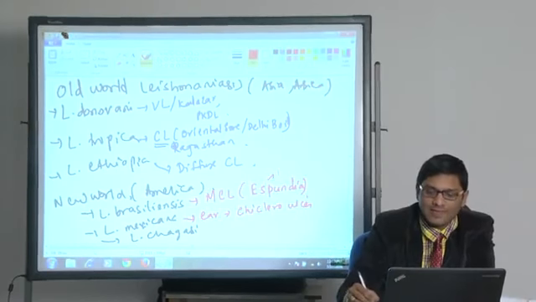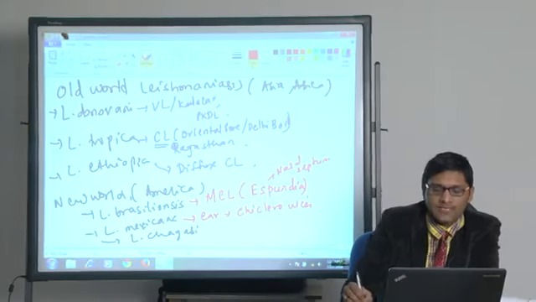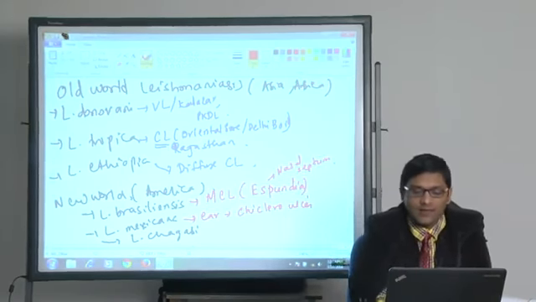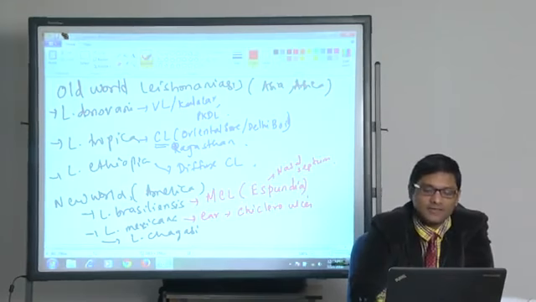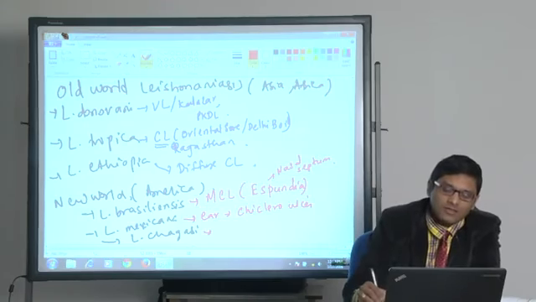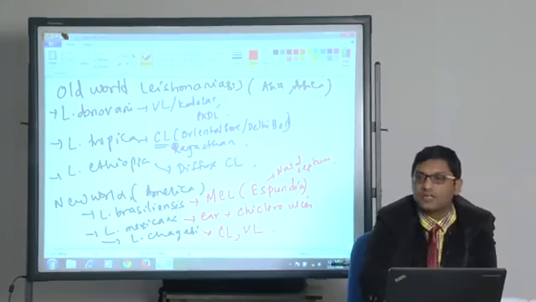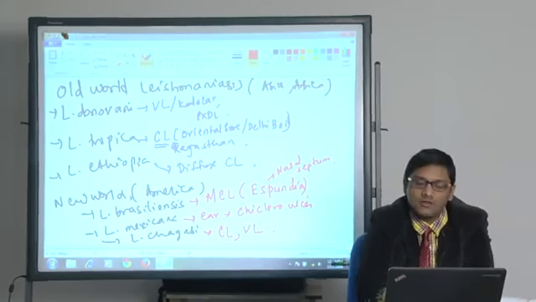Espundia usually affects the nasal septum, whereas Mexicana causes a lesion in the ear described as Chiclero ulcer. Chagasi can cause cutaneous leishmaniasis as well as visceral leishmaniasis. Of course, it is the only species in New World which can cause visceral leishmaniasis.